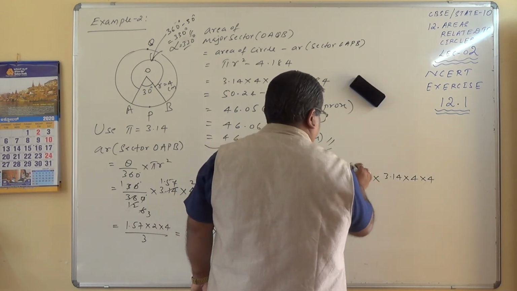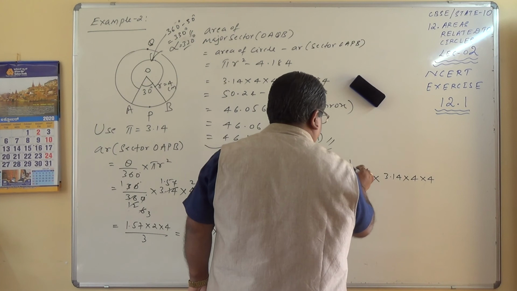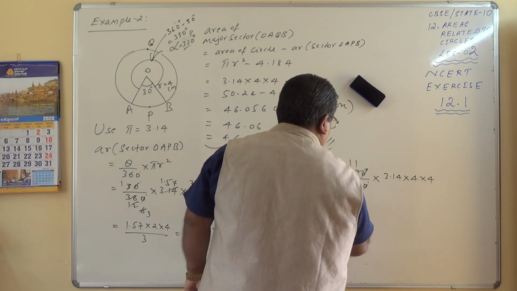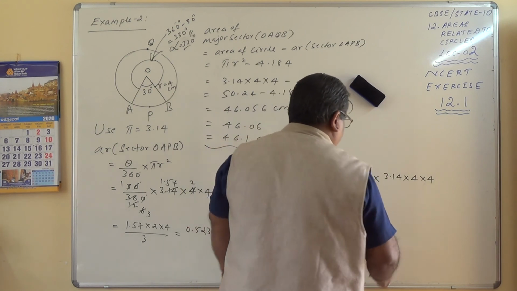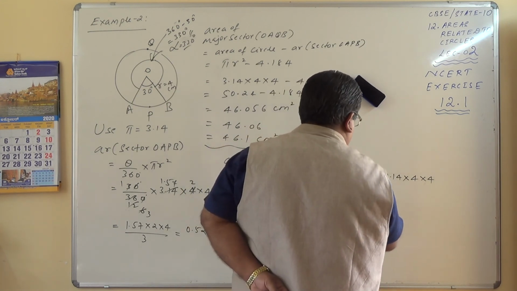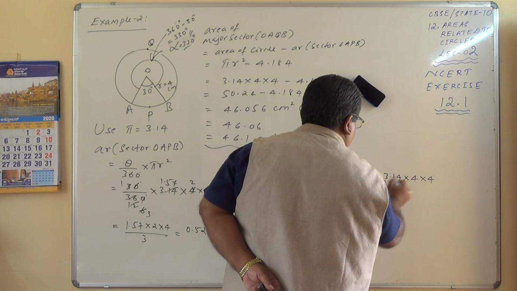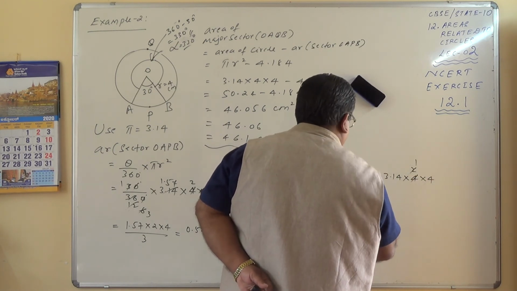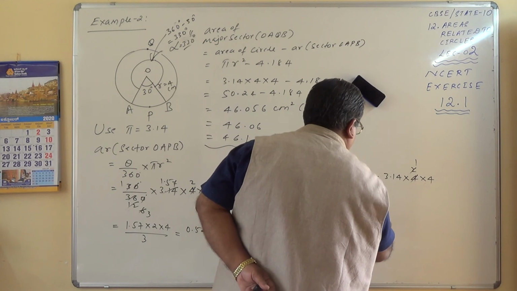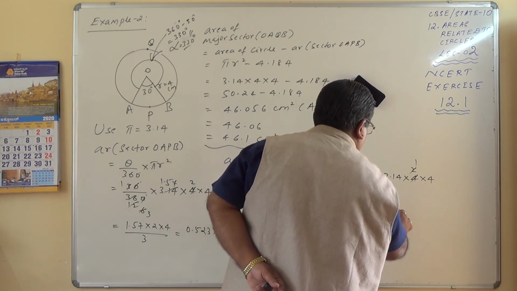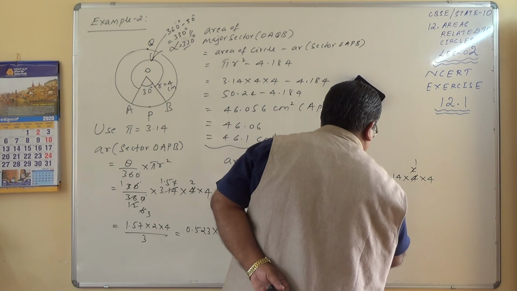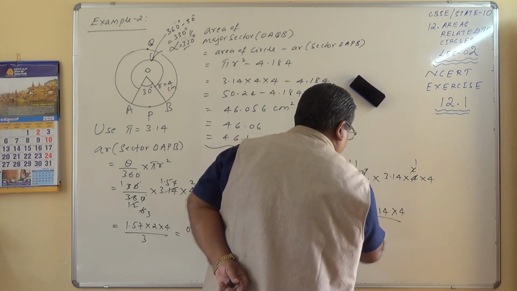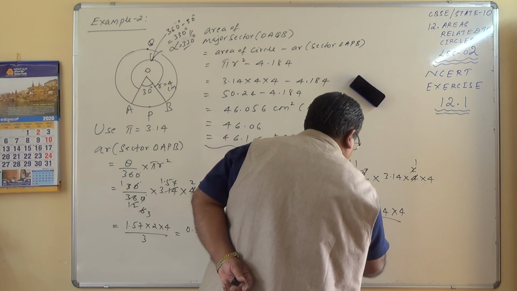So here it is 11 by 12 into this much. So approximately, 2 sixes, 2 fours, 2 ones, 2 threes. So this is 11 into 3.14 into 4 divided by 3. So this can be 11 into 4, 44 into this.